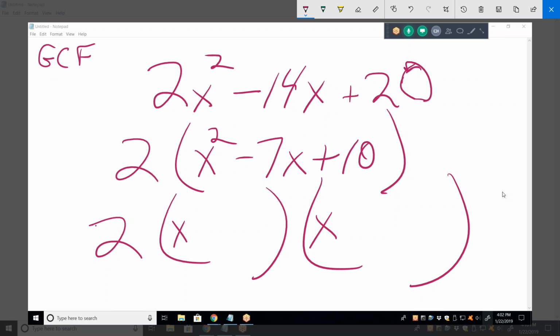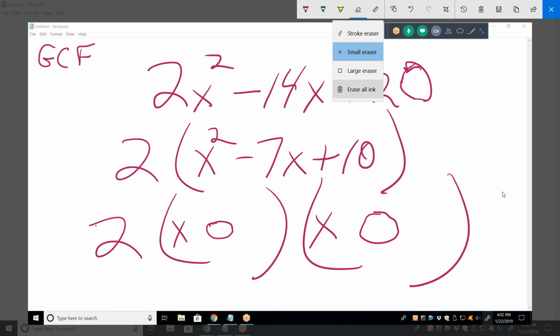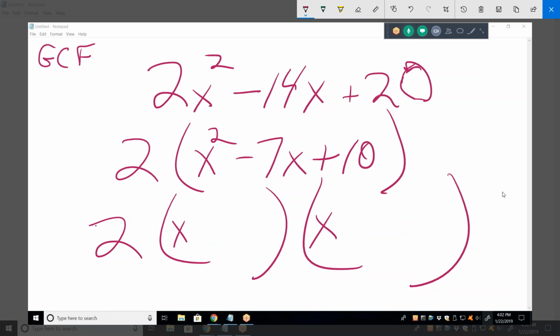In other words, there's going to be a sign there, either plus or minus, and there's going to be a sign there, either plus or minus. We can figure both of those out at this point. What are they? Minus and minus. Perfect.